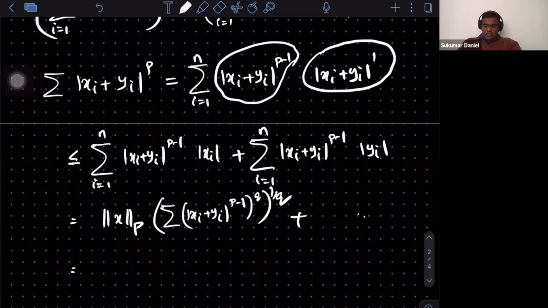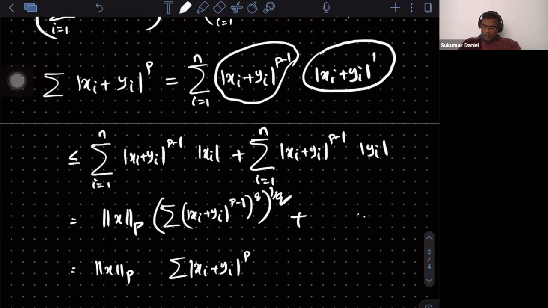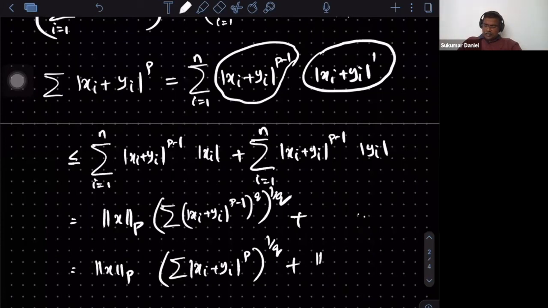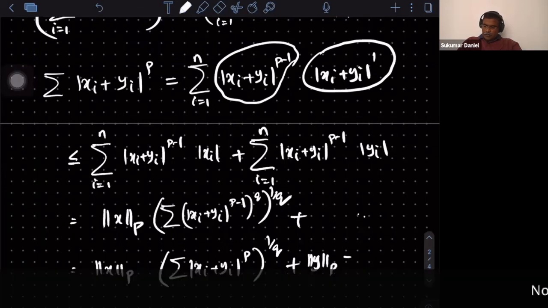And can you simplify this? Can you see that it is p minus 1 into q, which is pq minus q, and for which I know that it is p. So it becomes norm x power p over p, but outside it is actually 1 by q. And see that you get this similar expression on the other side also, which will be norm y p plus the same term.